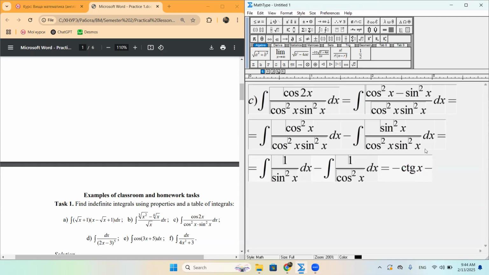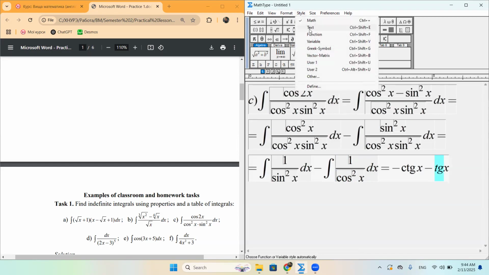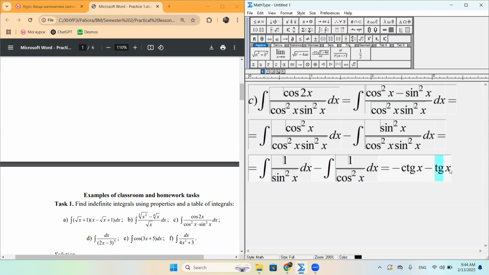And this integral, so if we calculate this integral, we will receive tangent of x. And this is the final answer. Any questions about this task? No questions. Okay.